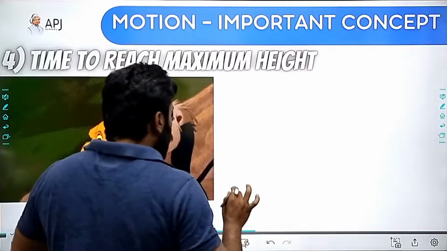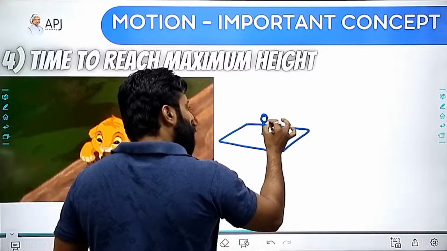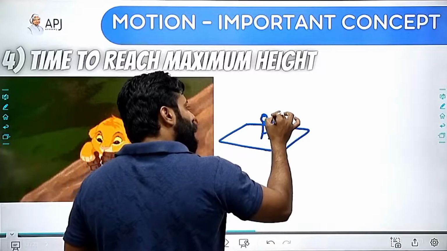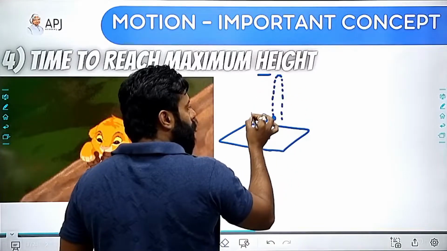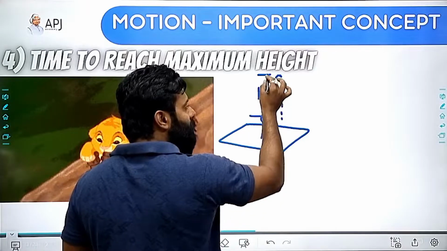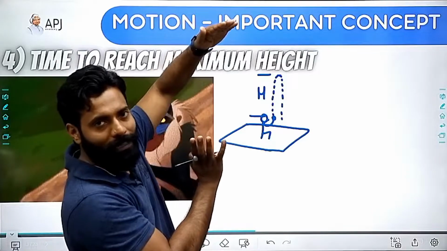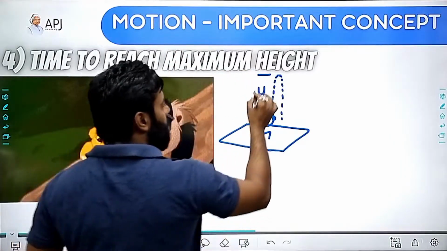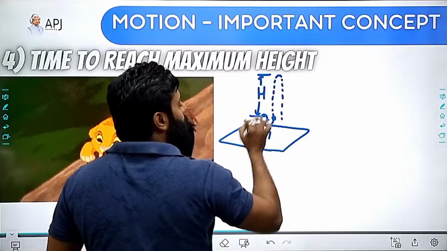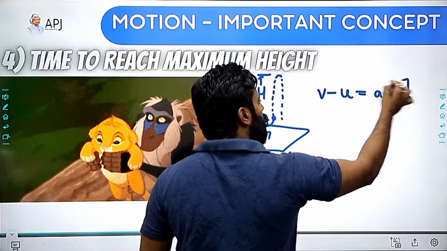So the next thing which is required is, when I am throwing a ball, it must take some time to reach that height, right? So what is the time taken? I can use v minus u is equal to at.